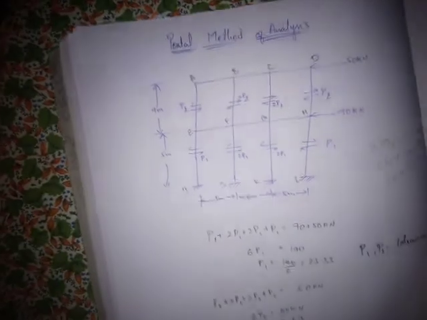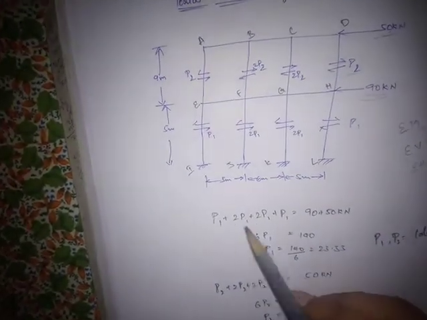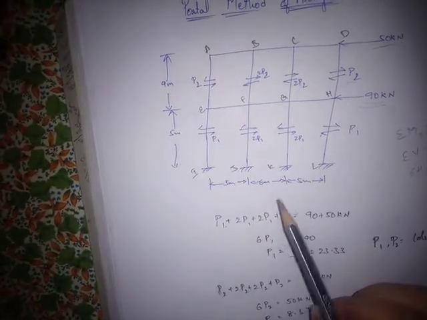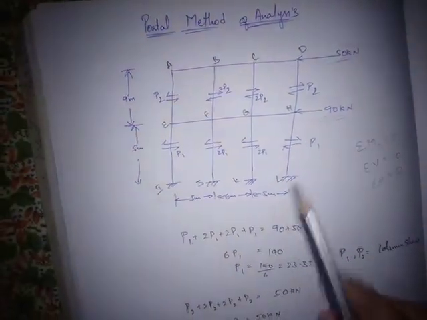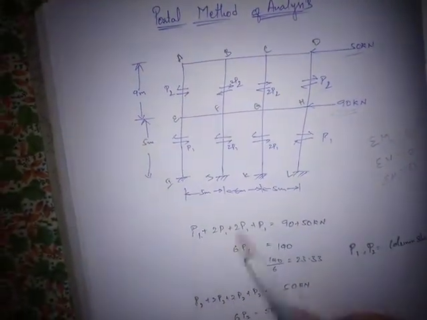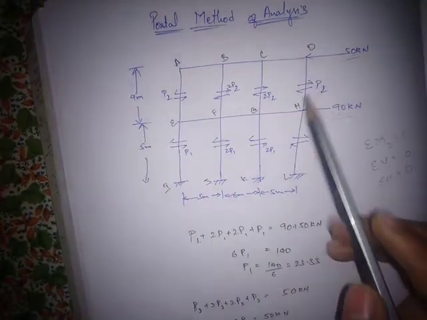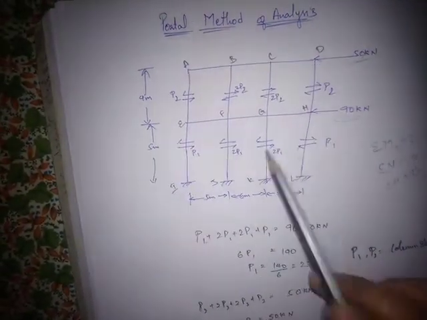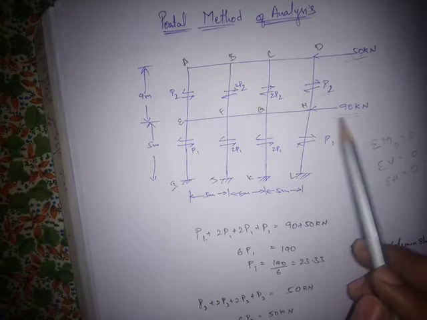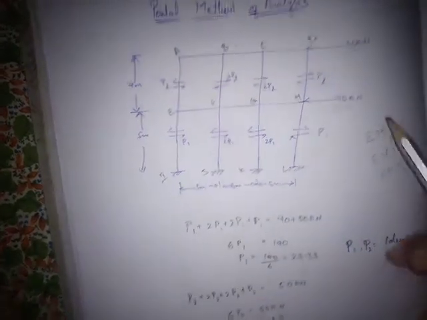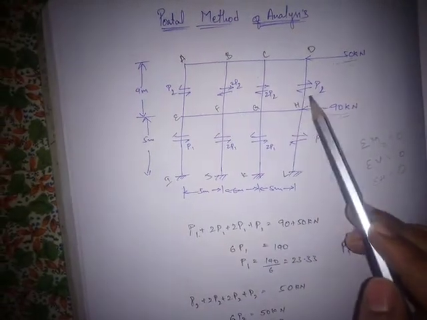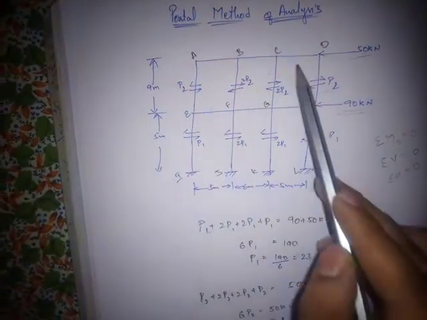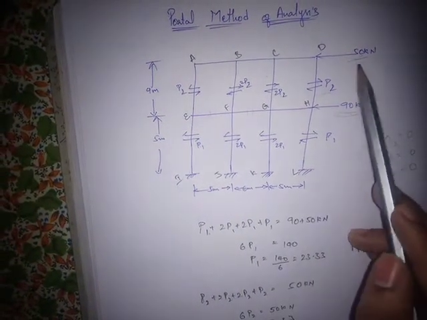First we will go for calculating the loads, that is, the column shears, or the load in columns. The bottom story will have the load from the top and bottom as well, whereas the top story will have only the load of 50 kilonewtons.